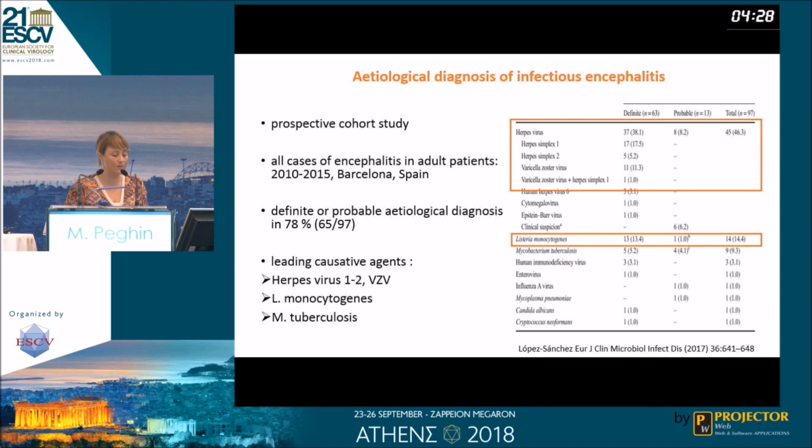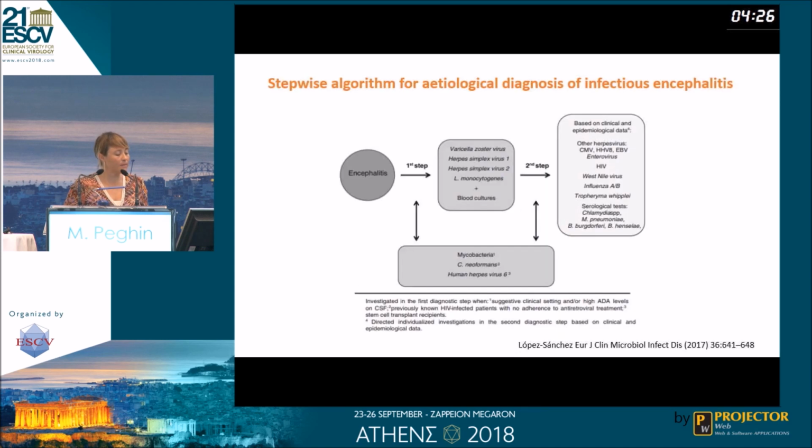listeria and tuberculosis. But one of the most interesting data they report in this study is a different approach to the management of these patients, to avoid unnecessary exams. They tried to perform a stepwise algorithm for etiological diagnosis.